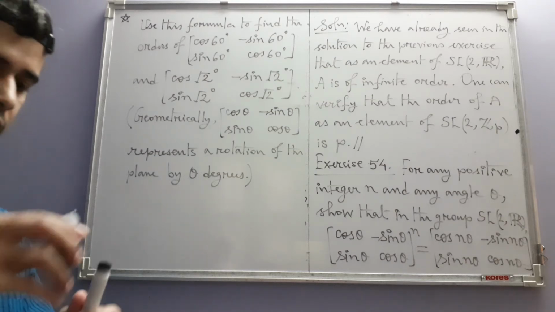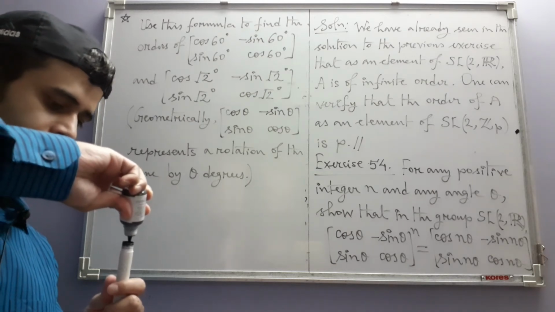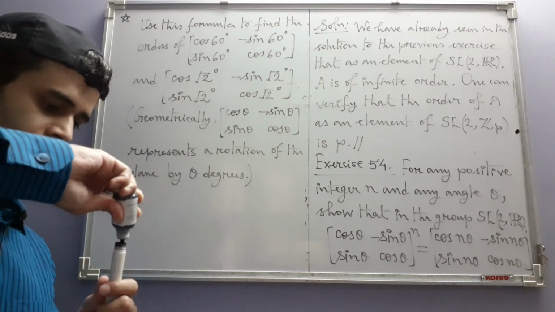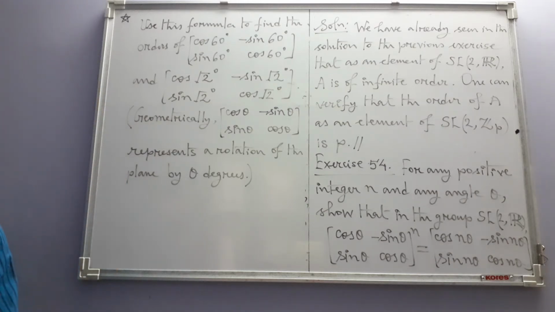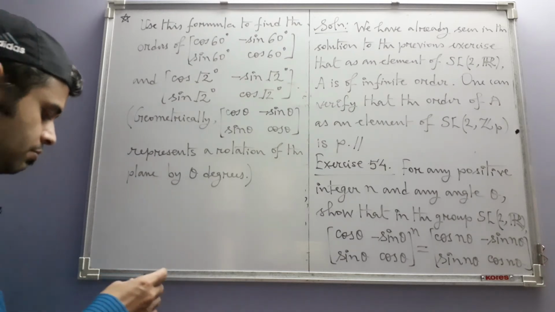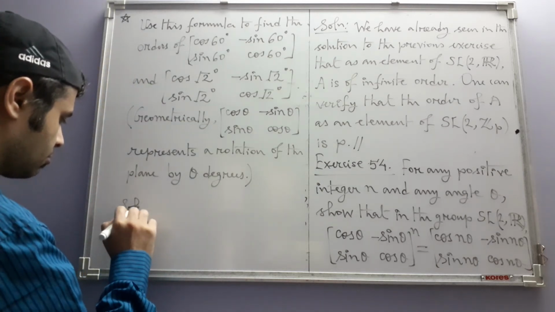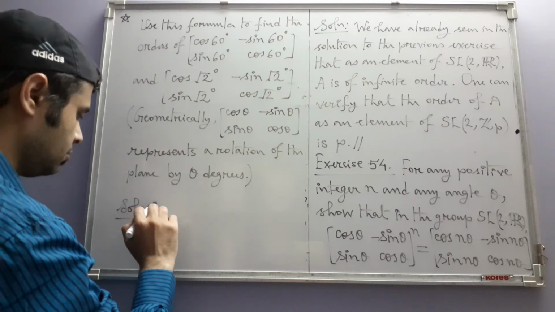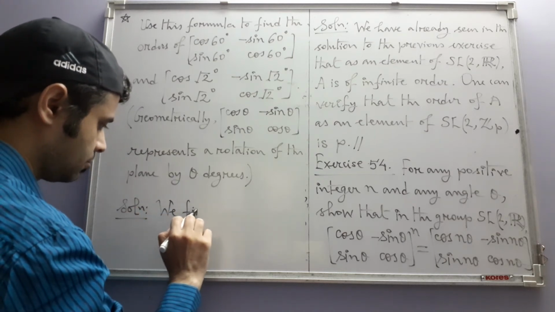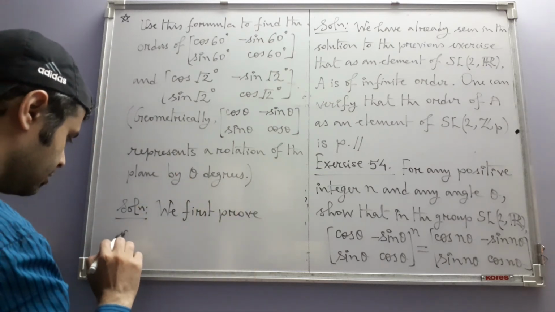The first part of this exercise, of course, has to be proved using induction on n. We first prove the given identity.